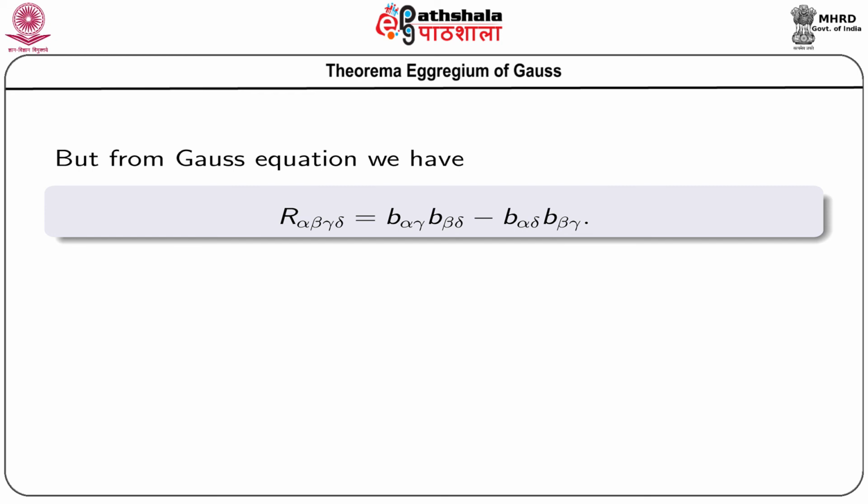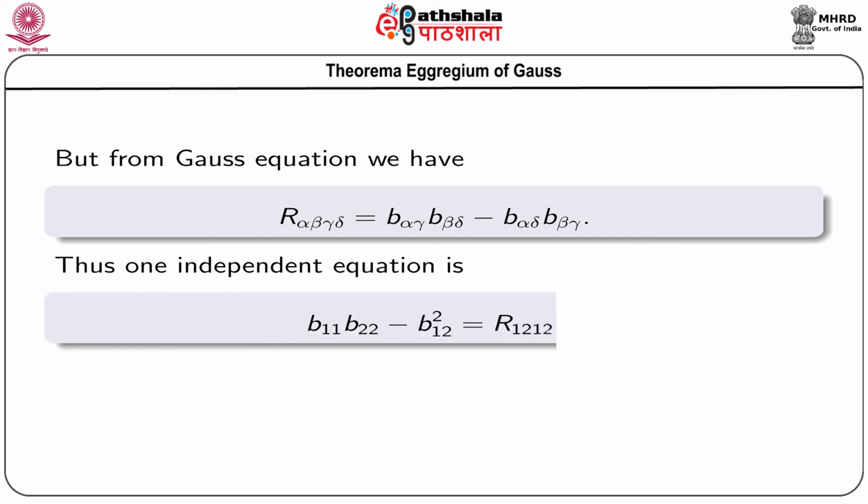So, we have obtained this relation from the Gauss equation, and we have also obtained that this equation has only one independent equation, and that is B11 B22 minus B12 square equals to R1212. That means R1212 is nothing but B11 B22 minus B12 square.